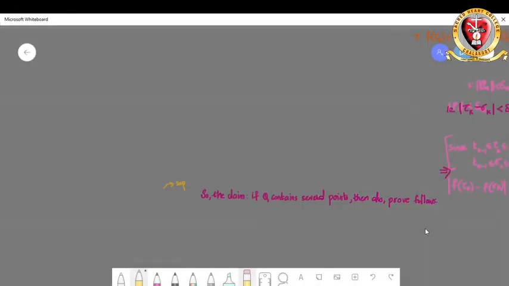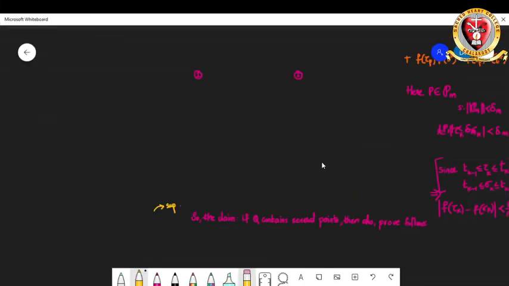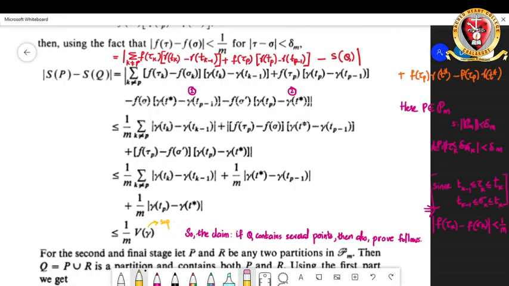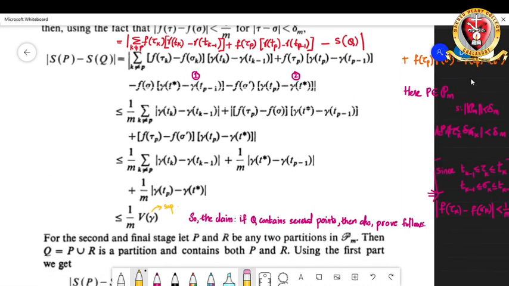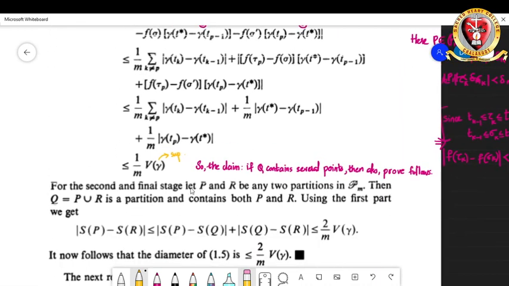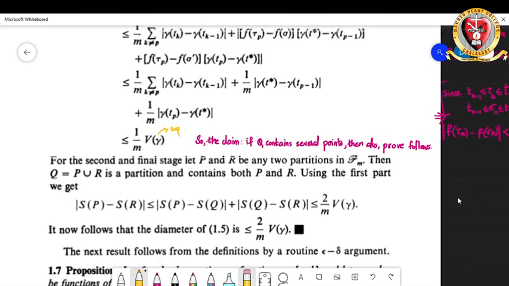Now, to end up, in the second stage, suppose P and R are any two partitions in script PM.